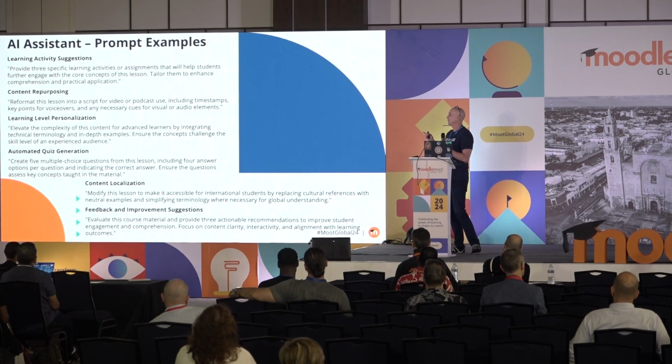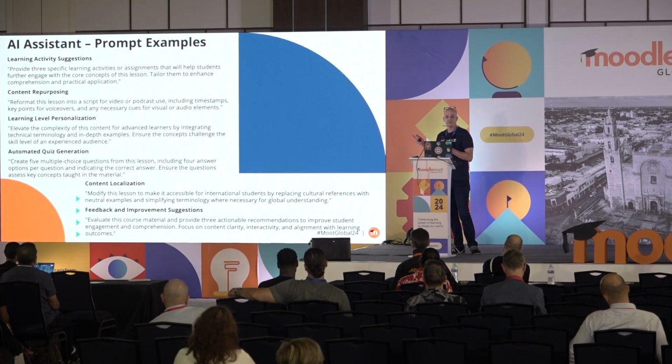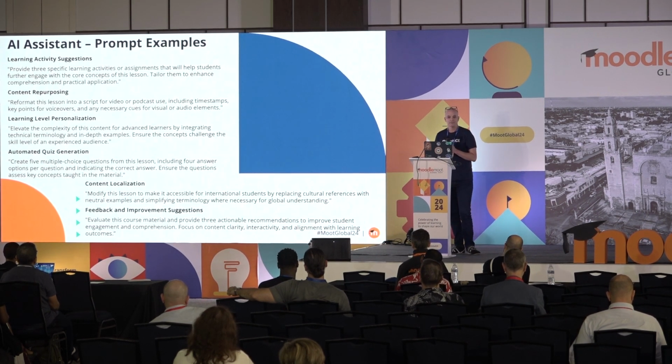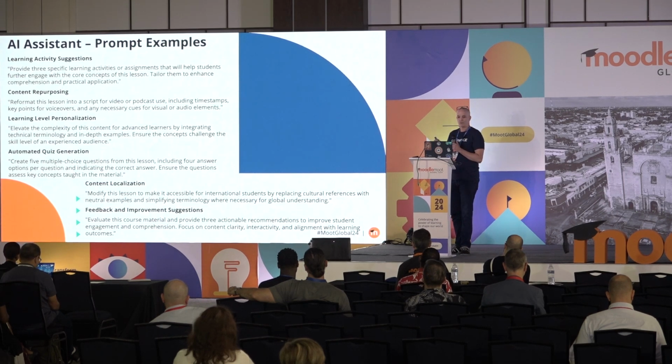Content repurposing is one of my favorite things to do with AI. You have a lesson, and you say, now give it to me in a different format. Make it a script for a podcast, those types of things. Content localization is pretty great.